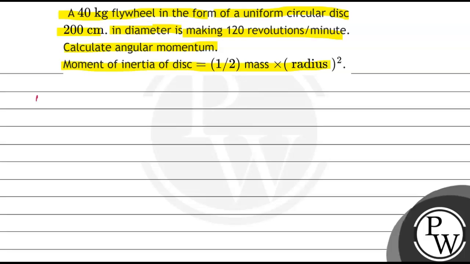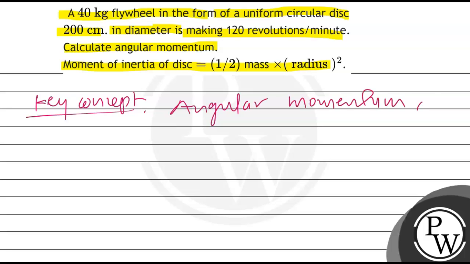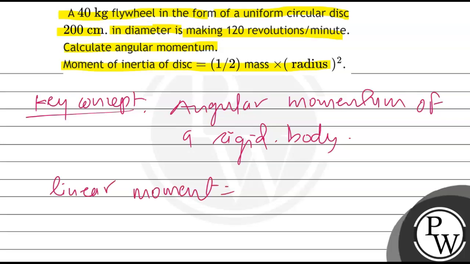So the key concept involved here is the angular momentum of a rigid body. As we know that the linear momentum can be written as m into v.